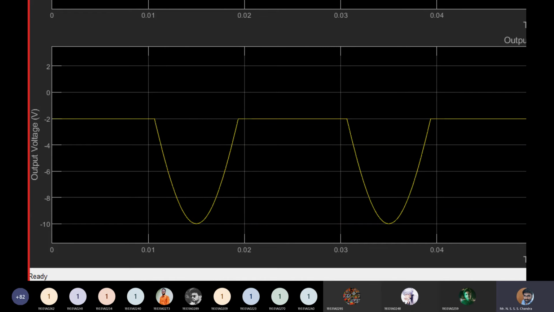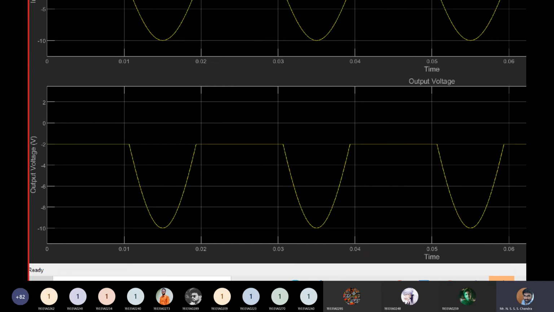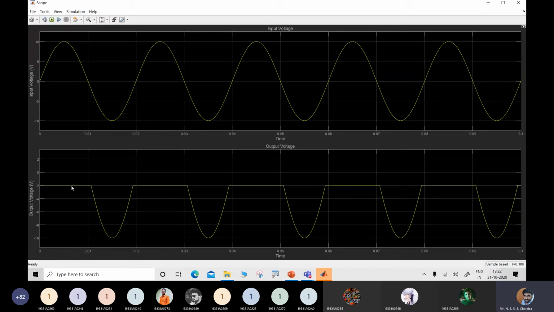So for the initial stage, your diode is not conducting, whereas here your diode is conducting. When the diode is conducting, your output voltage is equal to input voltage plus diode voltage, right? So here I've got the voltage as minus 10 volts.